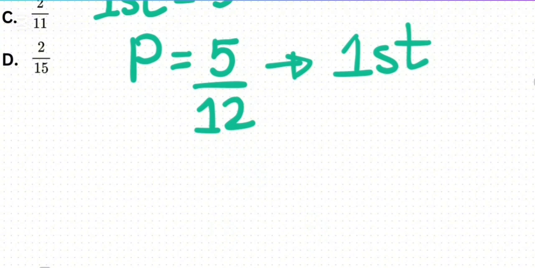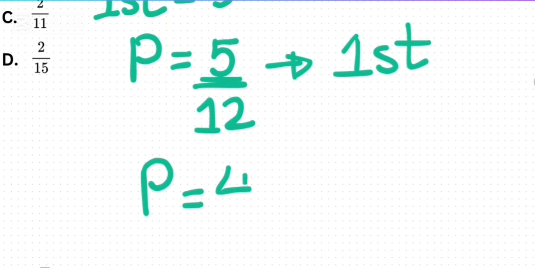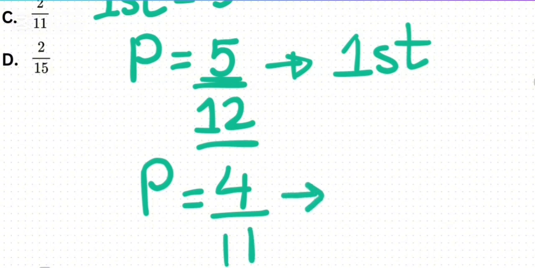So the probability of the second ball is 4, because 5 reduced to 4, because 4 is left, and 12 reduced to 11. So this is the probability of the second ball, right?